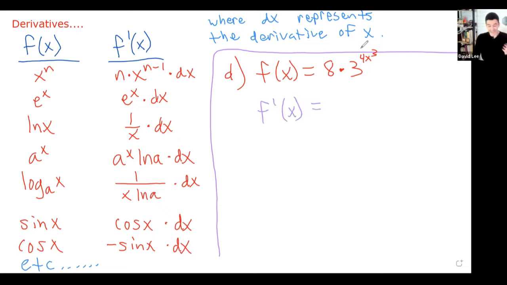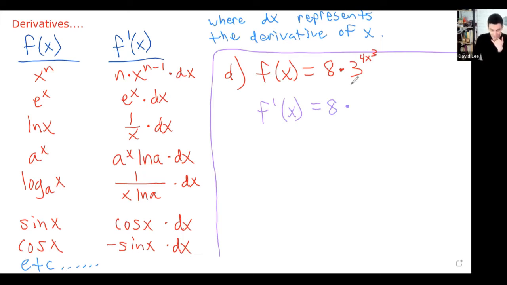Now you have to recognize what kind of function this is. Look at your cheat sheets. This looks exactly like this one here. It's a number and then to a certain exponent. I know that there's an 8 that's just bothering us, so just copy and paste the 8. The 8 just falls down.